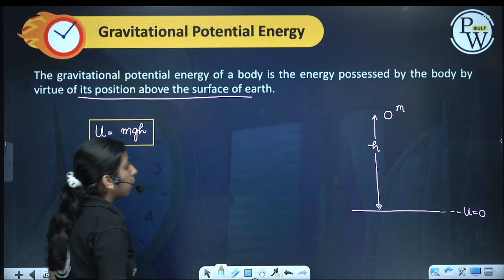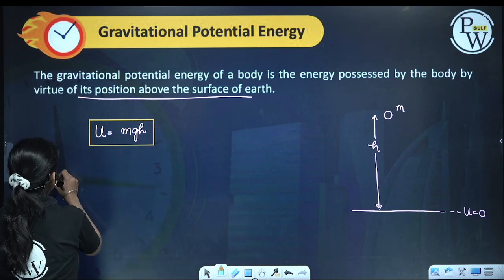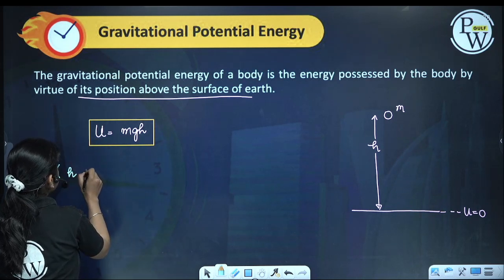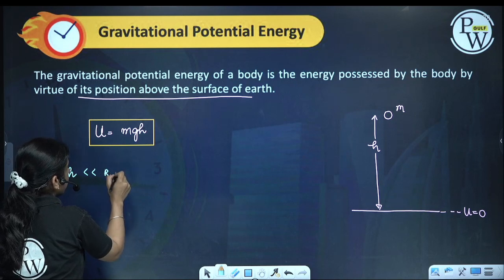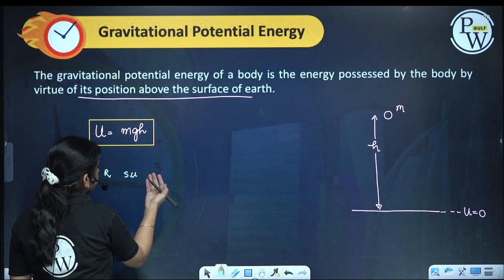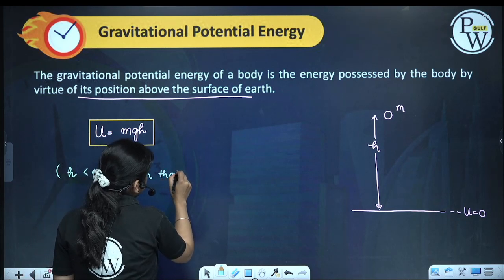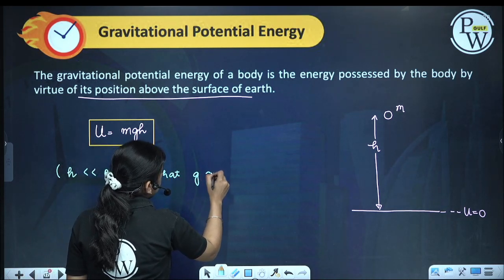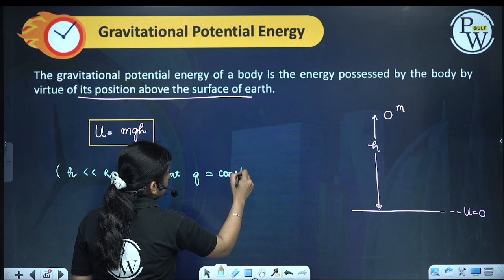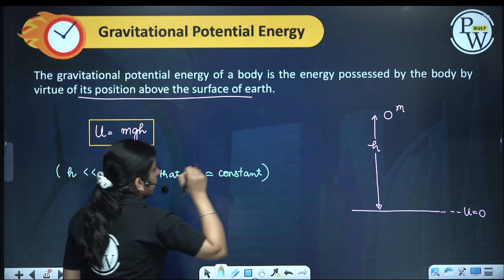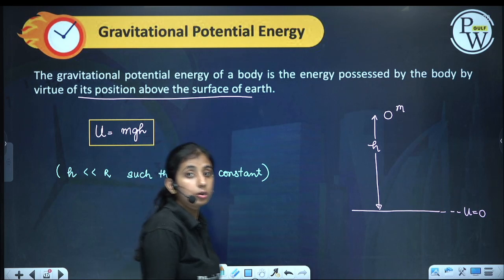So we have a body of mass m, and in this we considered that h is much less than r, such that g is a constant. Such that mgh, g is a constant.